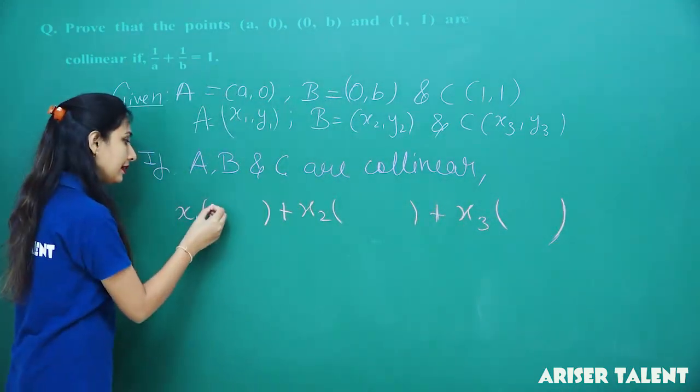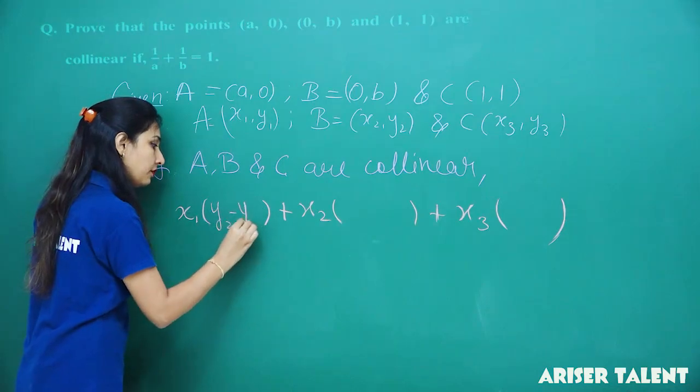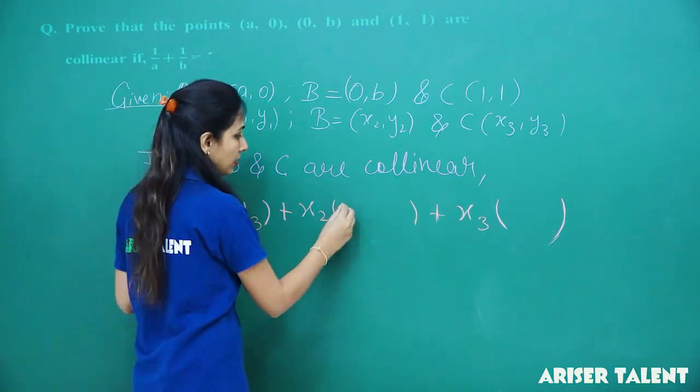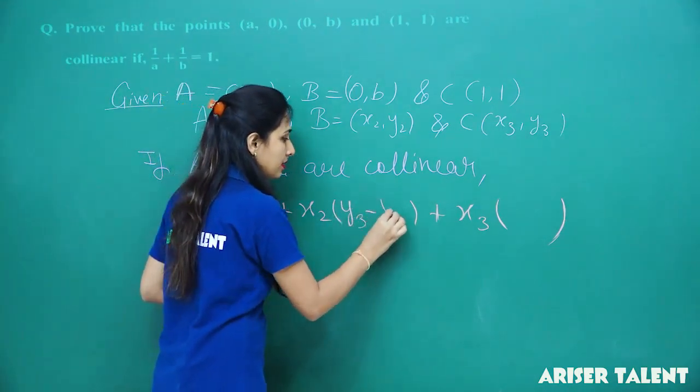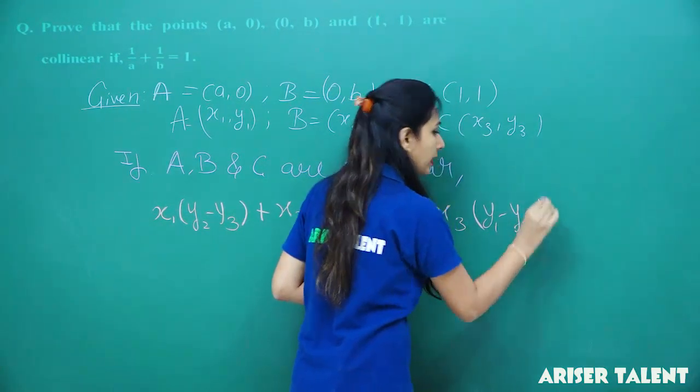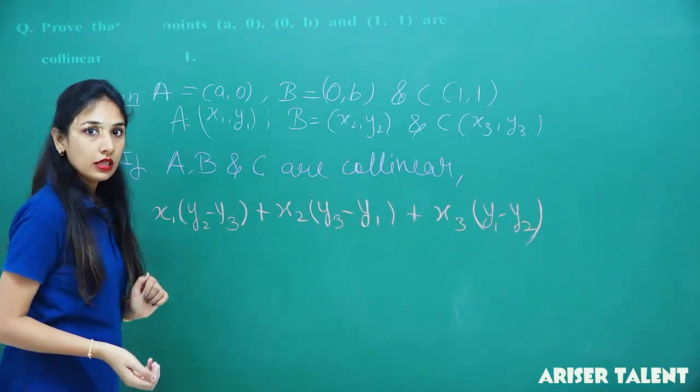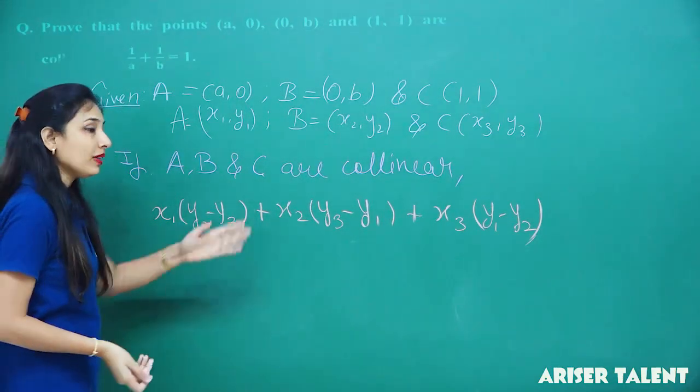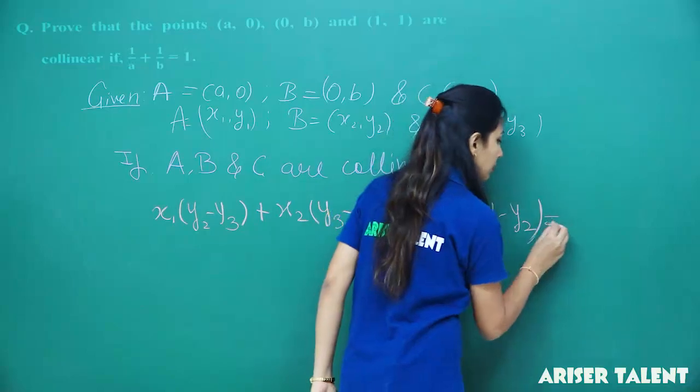Now what is something here? This is y2 minus y3, and this was y3 minus y1, and this is y1 minus y2. Is that so? Okay, so this is the formula that should be equal to 0.